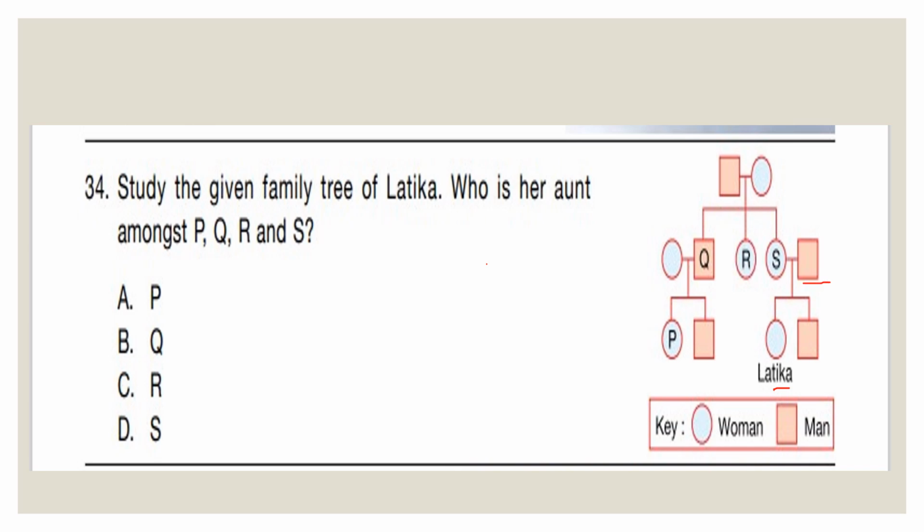This square, and this is S, is Latika's mother. And these are Latika's grandparents. So aunt is Latika's parent's sister. R is Latika's parent's sister. So R is her aunt. So answer is option C, R.